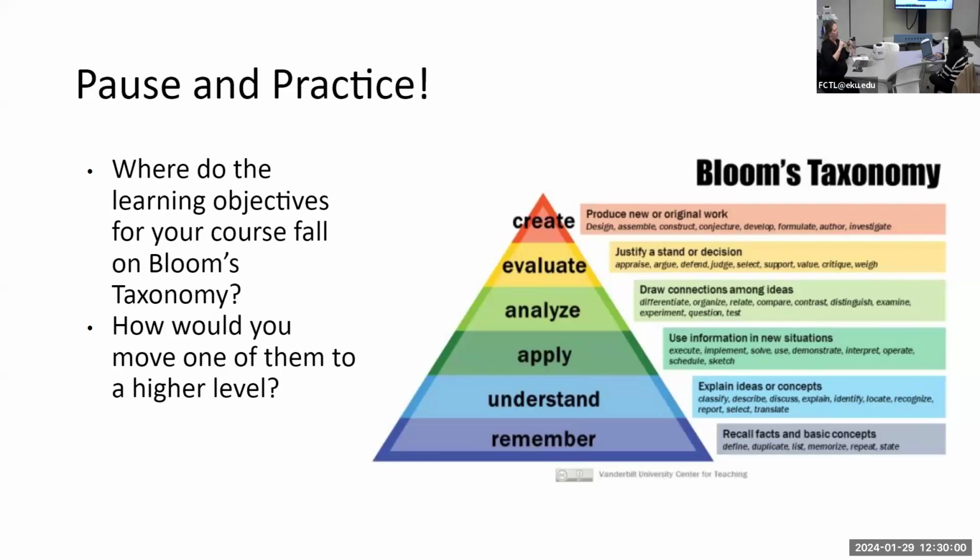How would you rephrase one of them, or would there be ones that you would want to move to a higher level that maybe you haven't thought about before? I'll give you a couple of minutes to think about it, and for those on Zoom, you're welcome to post in the chat or unmute and chat with us here.